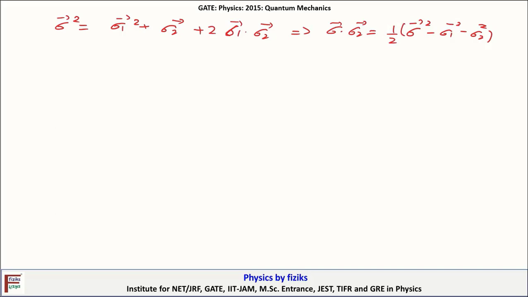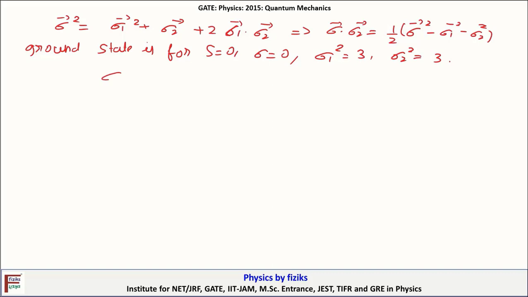Since the ground state is for the state with sigma equals 0. Further, sigma 1 square would be 3 and sigma 2 square would be 3. How? Because sigma 1 square is sigma 1x square plus sigma 1y square plus sigma 1z square, which is 1 plus 1 plus 1 equals 3. Similarly, sigma 2 square would be 3.